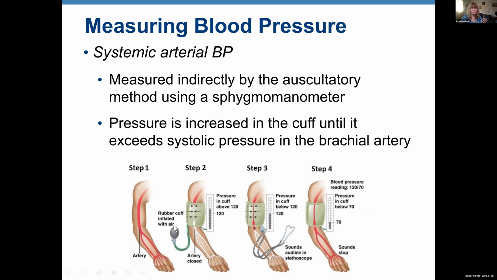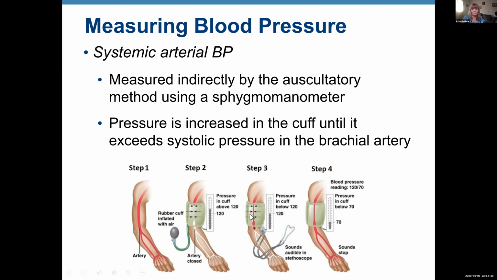Now what you do, you inflate the cuff until you squeeze the artery, so you stop blood flow, right? The pressure in the cuff is so strong that it constricts your brachial artery, so blood is not flowing anywhere. And then you start releasing the pressure, so you decrease pressure.